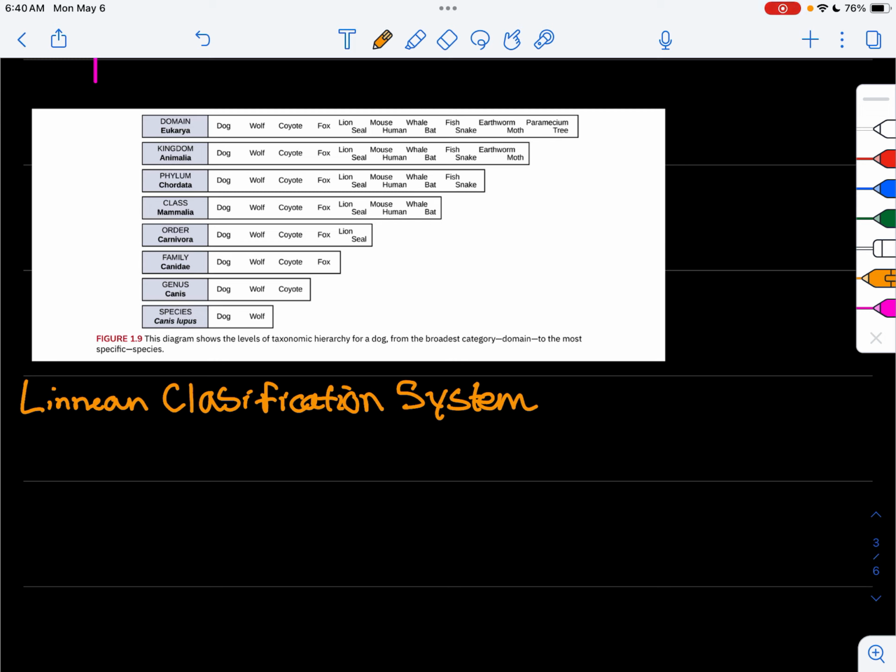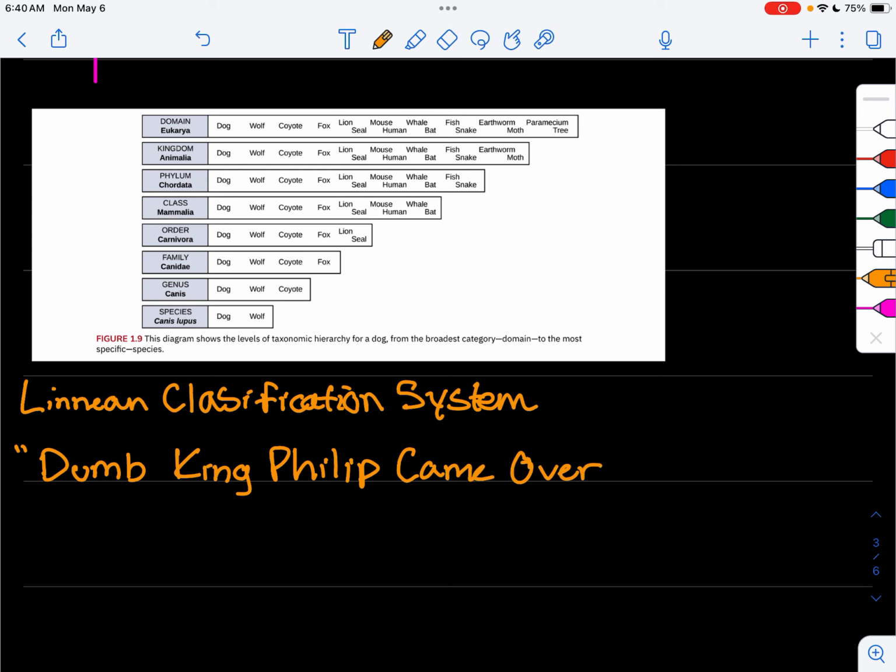And I might have an acronym for you that might be able to help, and you can most definitely make your own. But the acronym is Dumb, King, Philip, came, over, for, good, soup.